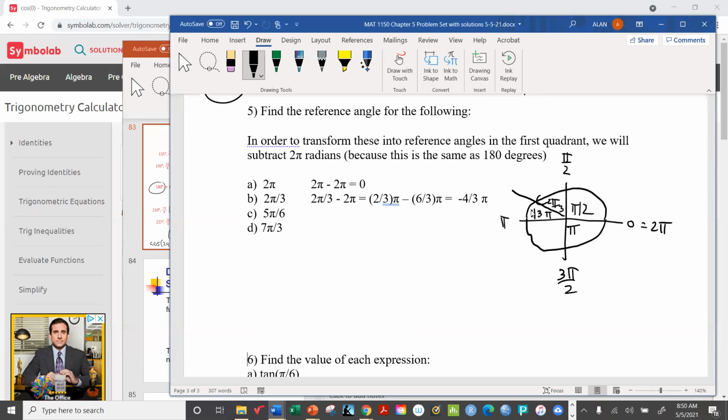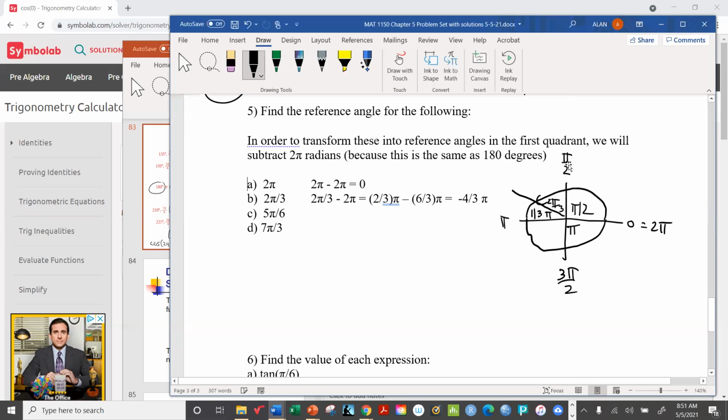Okay, that's 7 pi/6. So let's see, that doesn't help, does it? No. So I think in a case like this, now 2/3 pi is 240 degrees.